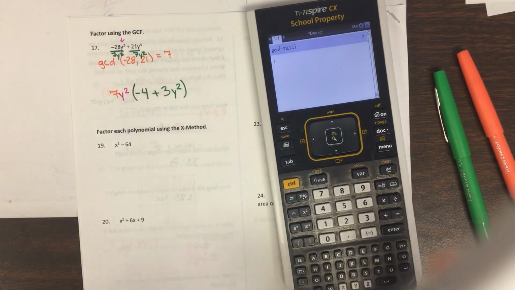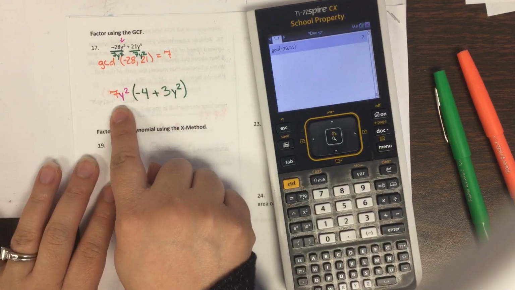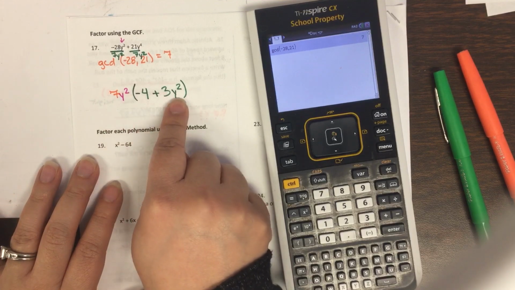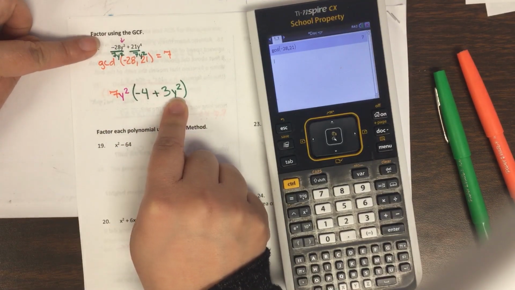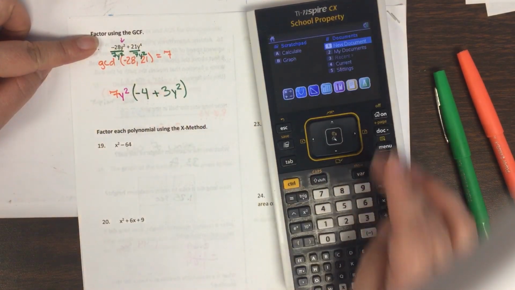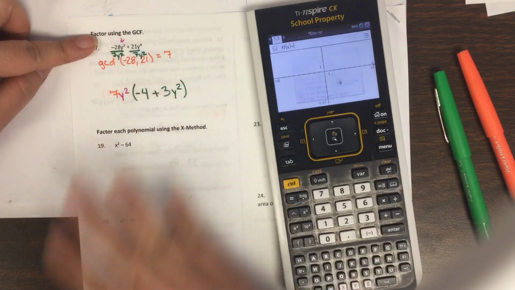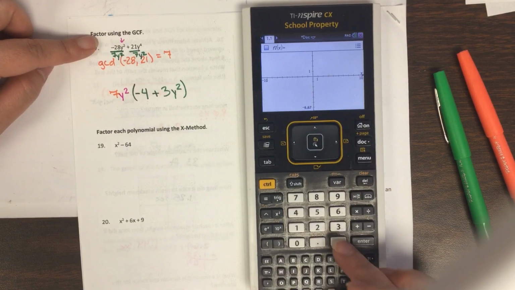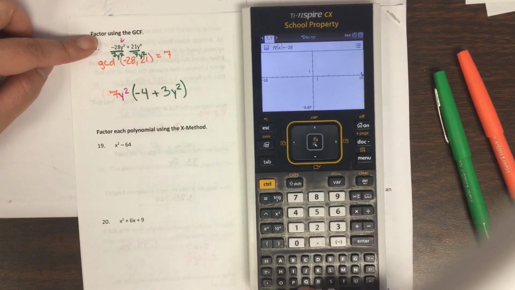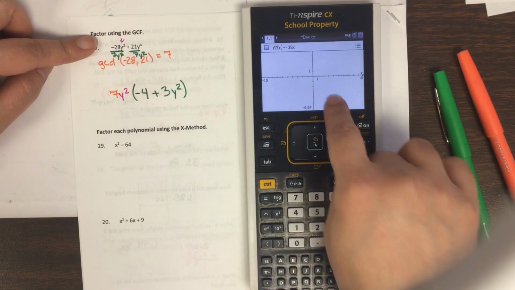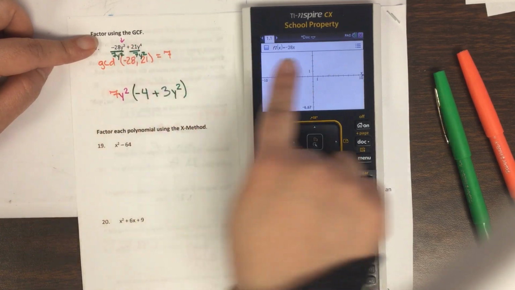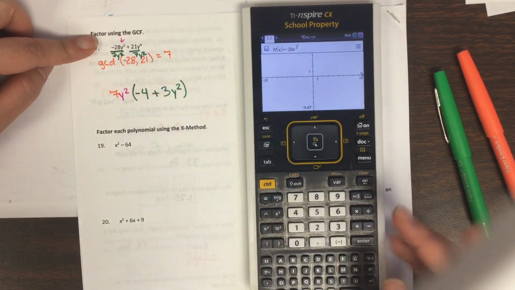You can check doing two things. You can either multiply your 7y squared back, and you get the same thing, or if you like, because your test is going to be multiple choice in this part, you can type your question in the graphing screen using the letter X for whatever variable is given.